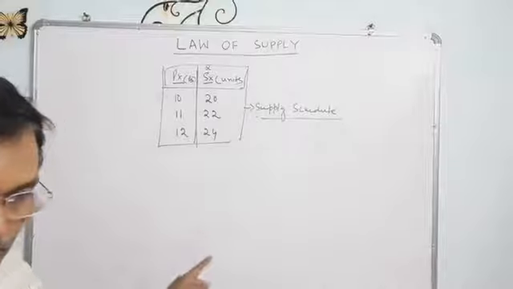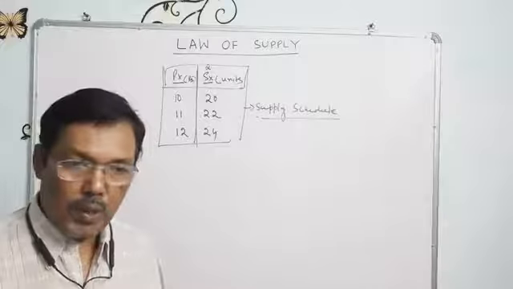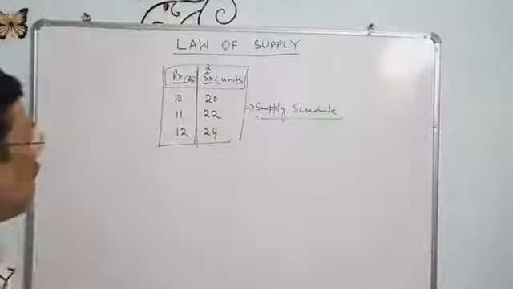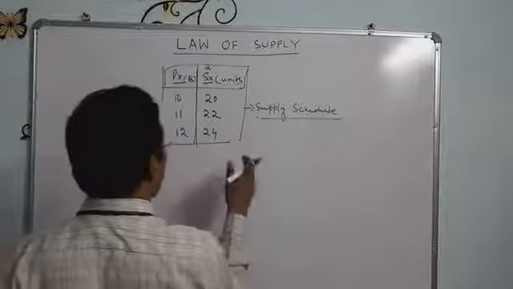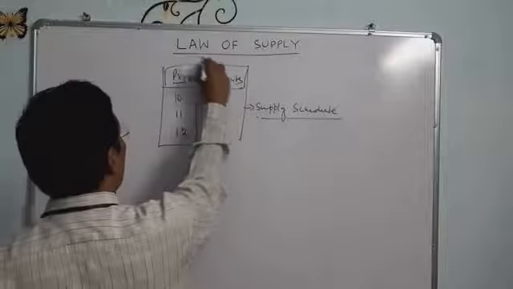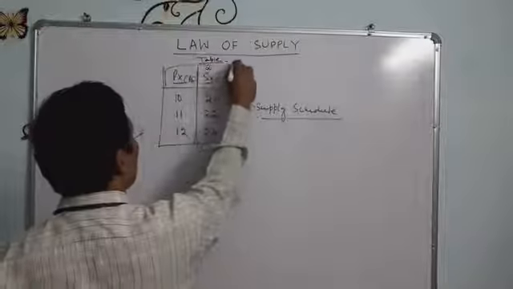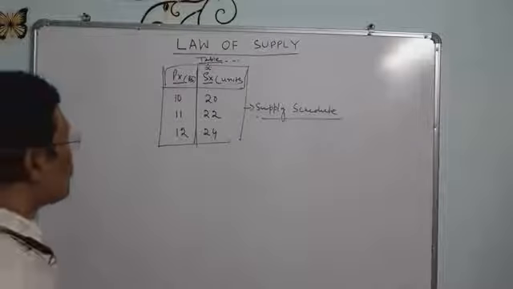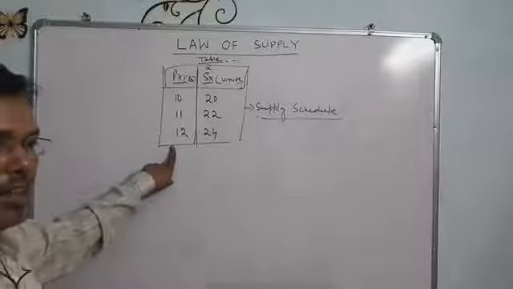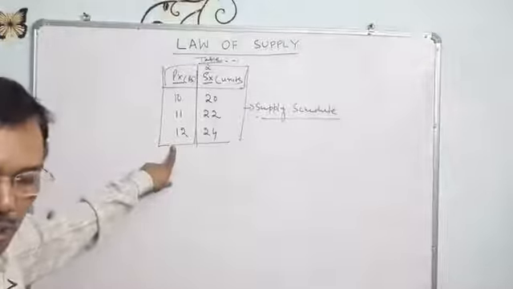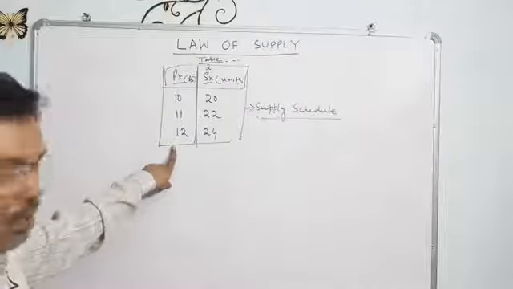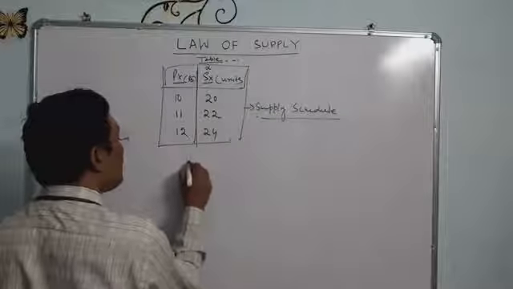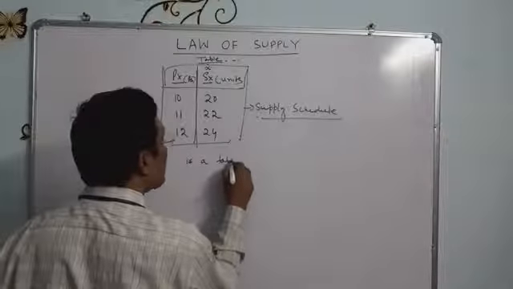From this table, you can explain in your own words what the supply schedule is. In your book, it may have a table number like this; you can also give a table number. This is one kind of tabular statement. So first of all, what is a supply schedule? A supply schedule is a tabular statement.